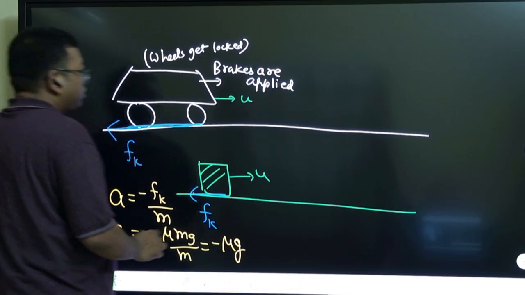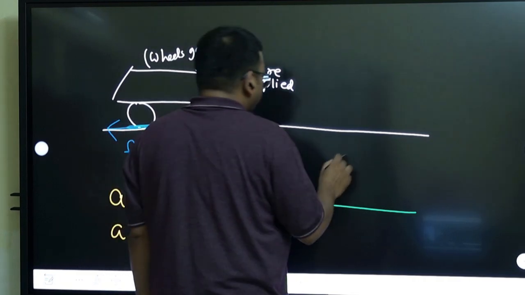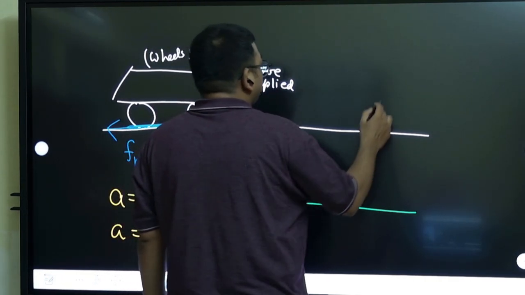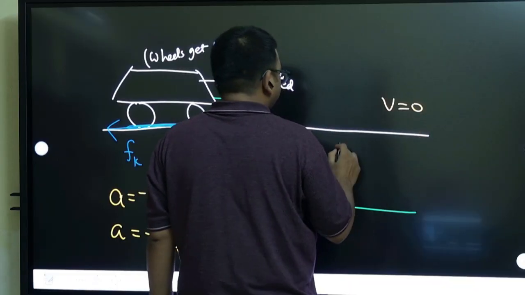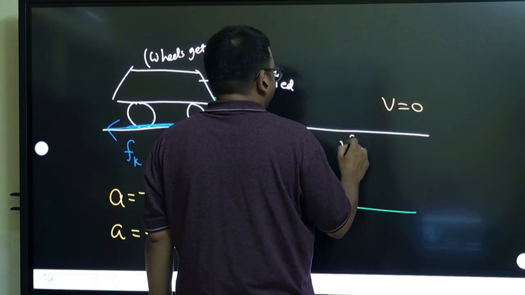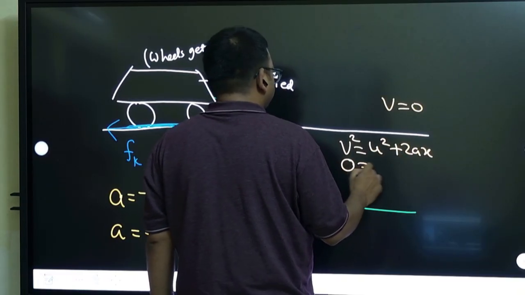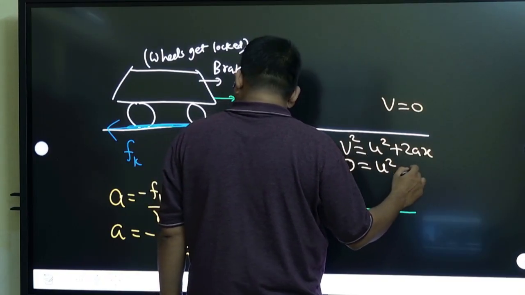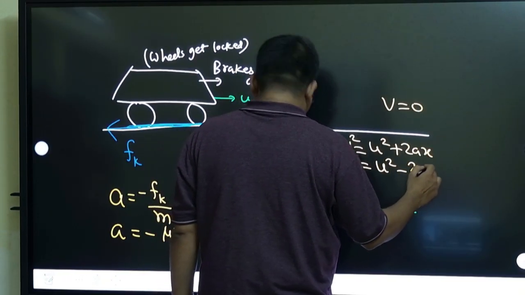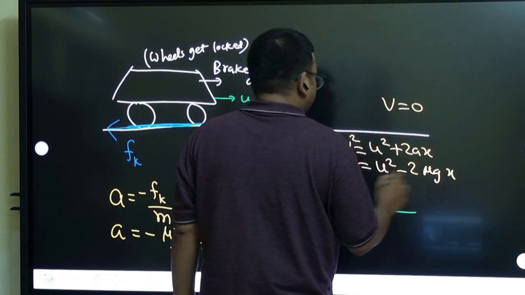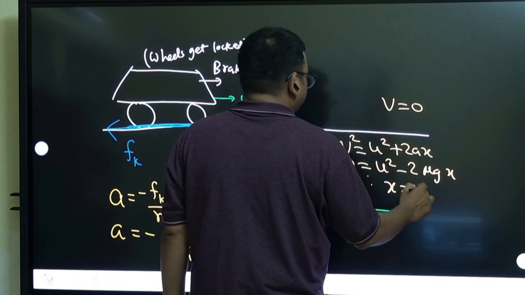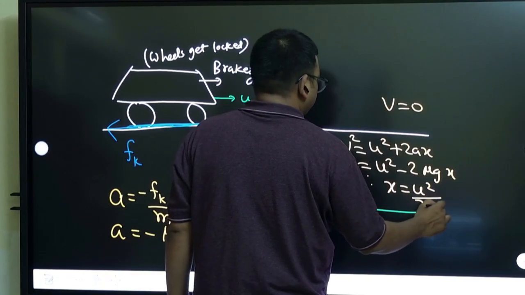So how much distance will it take to stop? You know the stopping distance formula. Finally velocity will become 0, so v square equal to u square plus 2ax. Final velocity 0, so 0 equals u square minus 2 mu g x, since acceleration is negative. So x is u square by 2 mu g.